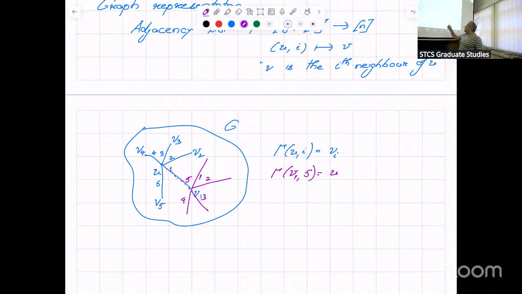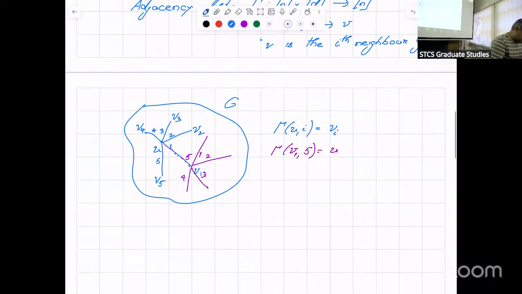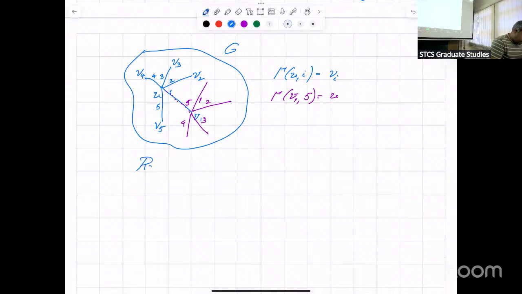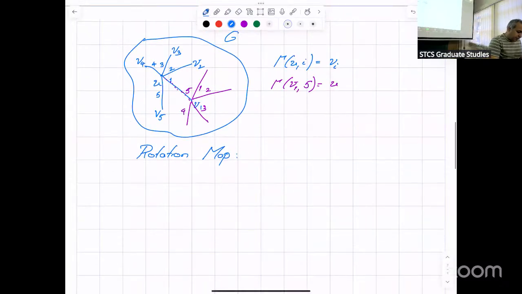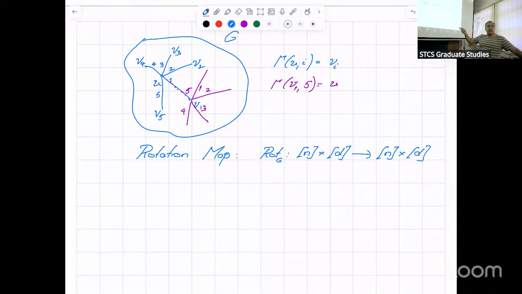So we'll come up with one more representation, called the rotation map representation, which makes this explicit. There's always a gamma G, which sometimes I'll drop; there's an underlying graph, and that's the neighborhood gamma G. The rotation map is Rot G, from N cross D to N cross D. It not only tells you who is my ith neighbor, it also tells me what I am to the other vertex.